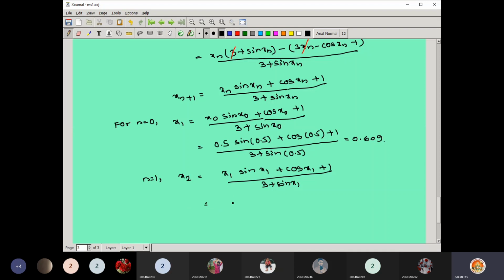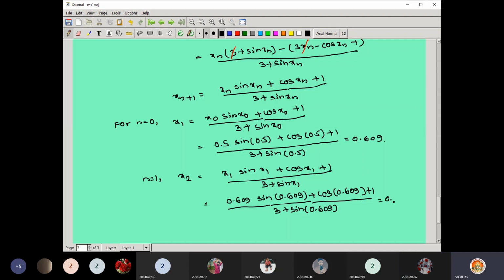There you substitute x1: 0.609 multiplied by sin of 0.609 plus cos of 0.609 plus 1, total divided by 3 plus sin of 0.609. Take the help of your calculator to find its value. It is 0.607.